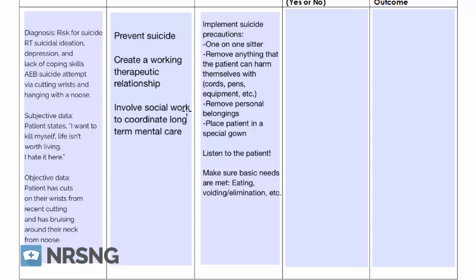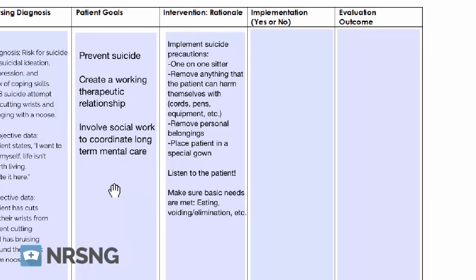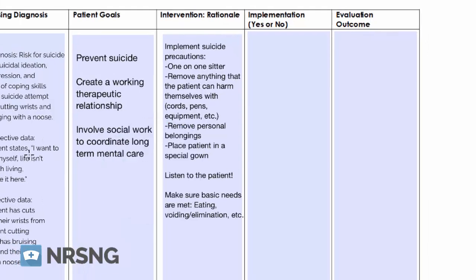For interventions, I put down that we want to implement the suicide precautions. So a one-on-one sitter. Even if mom or any other family member is present, you want somebody who is trained to sit with that patient and look for warning signs and knows our hospital policies.